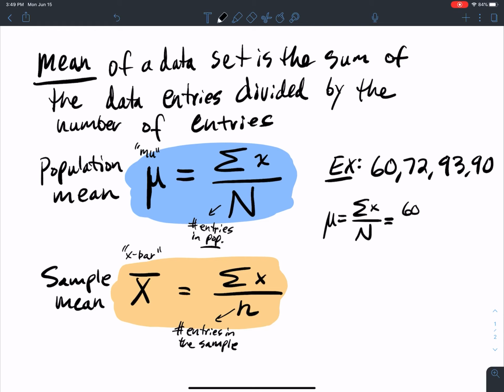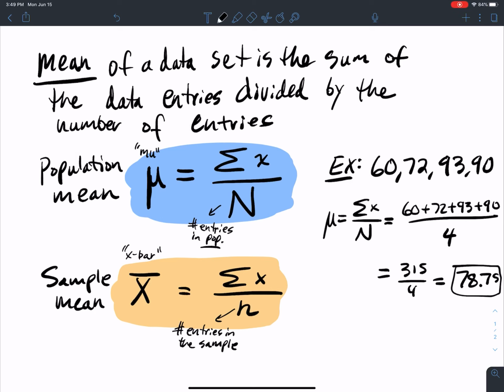So that's 60 plus 72 plus 93 plus 90, all divided by how many there are. There's 4 total. And so what do I get? I get 315 divided by 4, which happens to be 78.75. So that is the mean, right?